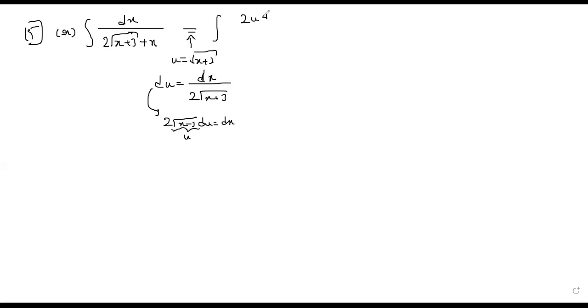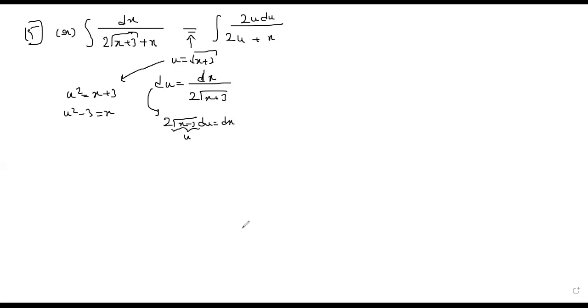Now let's plug them over 2u plus x. What about x now? We will use this equality for that. If you take squares, what do you get? You will have u squared equals x plus 3. Then u squared minus 3 is equal to x.